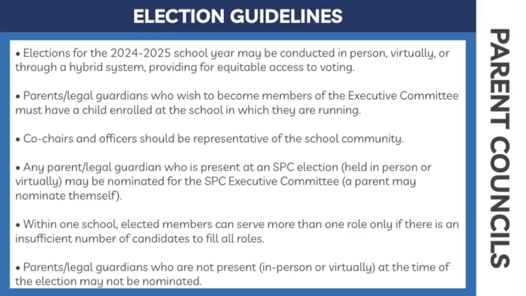Some have facilitated informational workshops before the election, and some have had personal one-to-one contact, informing them of these roles to spark interest in electing themselves or other parents. If for some reason you do not have enough candidates, then the elected member can serve more than one role. This is why it is ideal for family liaisons and school staff to do outreach.